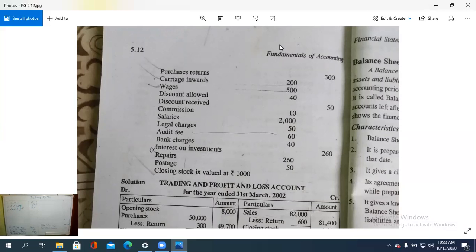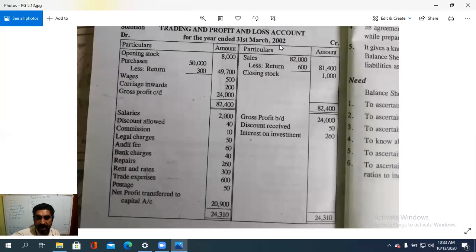Then to bank charges, all the indirect expenses coming on the debit side. Bank charges is 40. Then to repairs, 260. Then to postage, 50. These are the debit items, expense items.